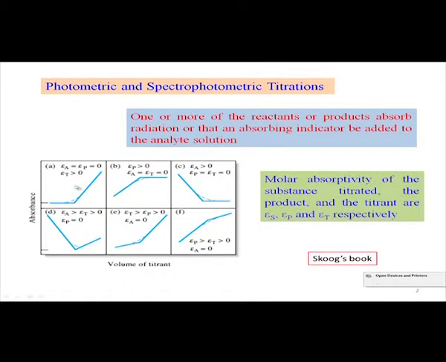So, when the epsilon value for the titrant is only greater than 0, and in the two other cases it is equal to 0, what we get is that after the end point your absorbance will increase. And in this case also, if the product is only increasing, greater than 0, but the other two are 0, then after the end point you have that. So, like your conductometric titrations, we should be able to detect this particular crossover.